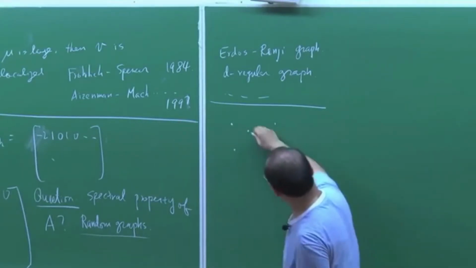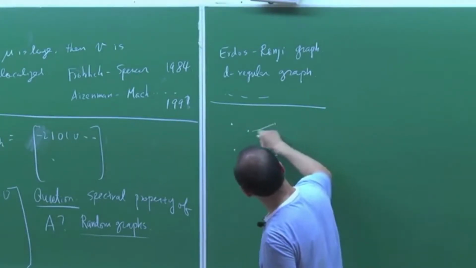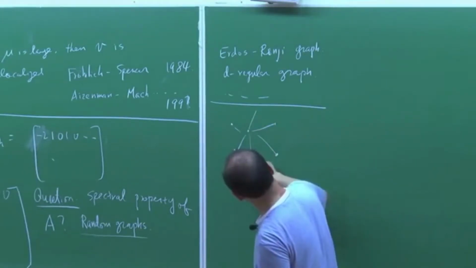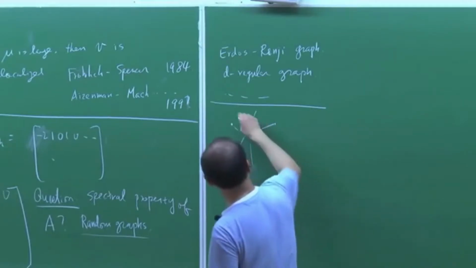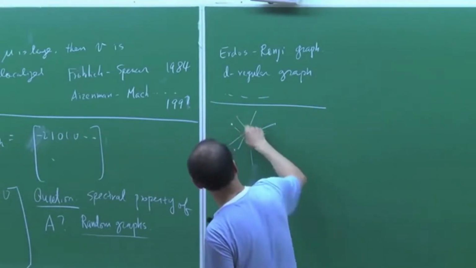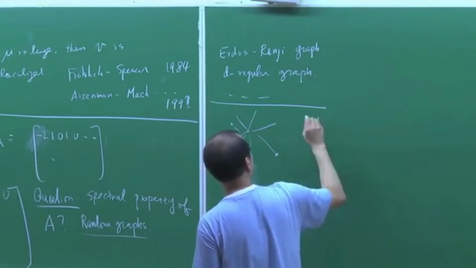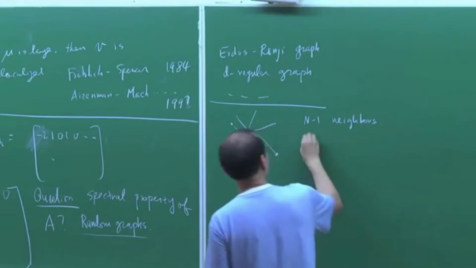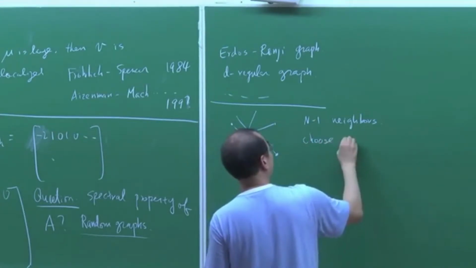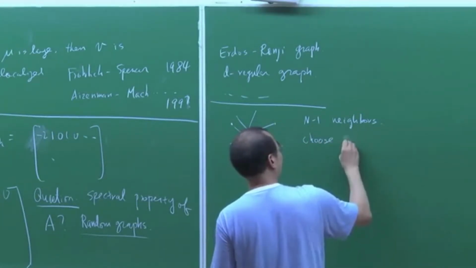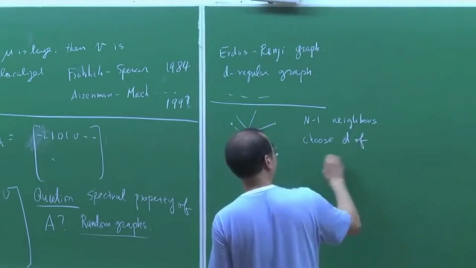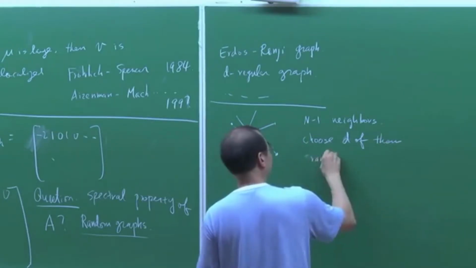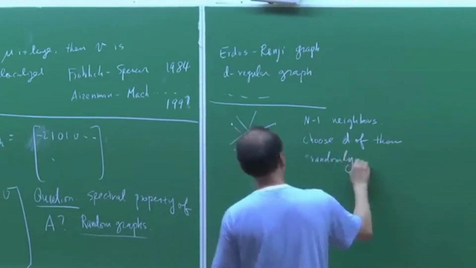D-regular graph means each vertex has lots of neighbors, right? So for example, say there are n-1 neighbors. You choose D of them randomly.